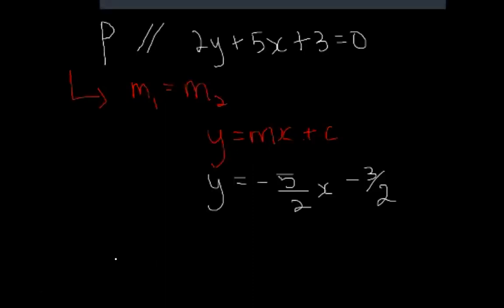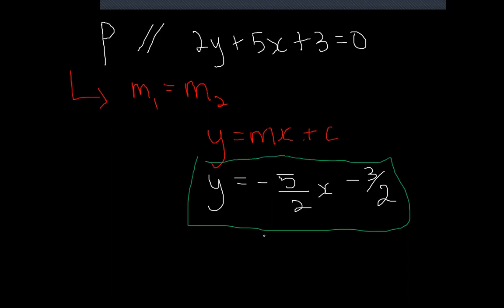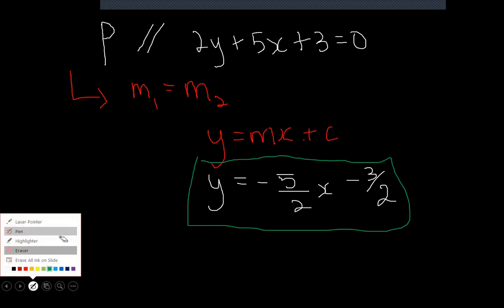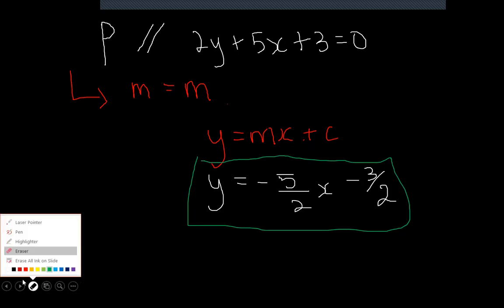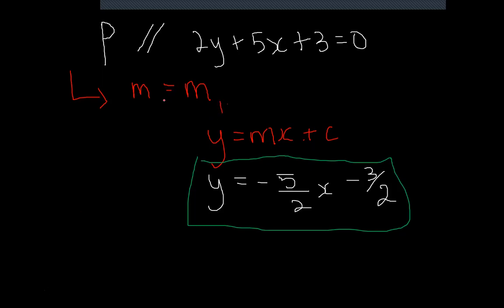And what's the gradient of this line? Looking at this equation, what's the gradient? Negative 5 on 2. Hold on, let me name this M1 and this one M2.